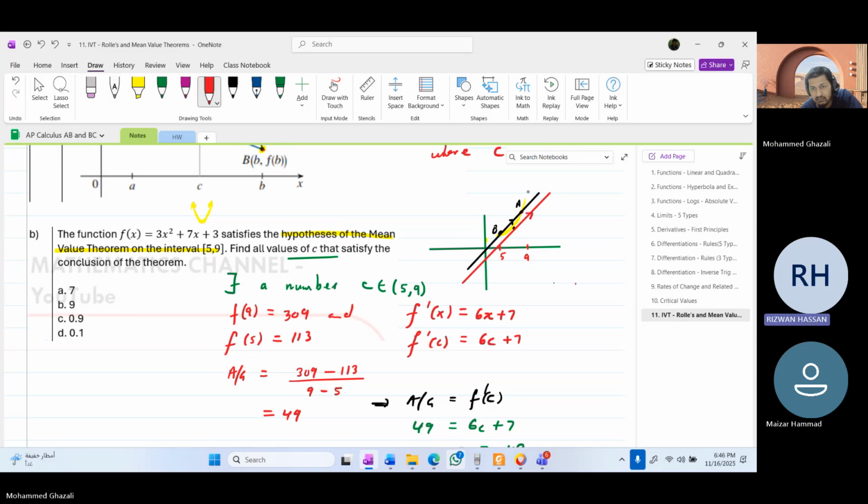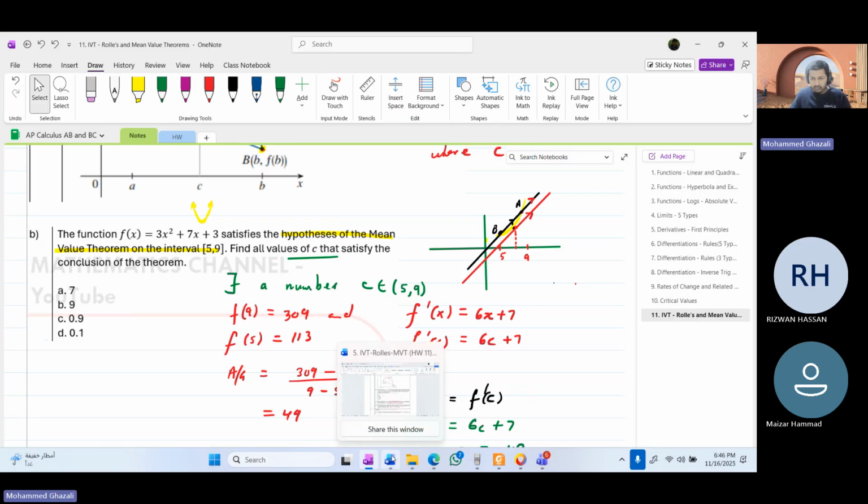So the value of C is between 5 and 9. It's just that when I sketch on Desmos, it's sketching an actual accurate graph. So now I've broken up this interval to show you that that's what's happening. And that's where 7 is. That's where the instantaneous gradient is, and that is the average gradient. So the answer there was 7.